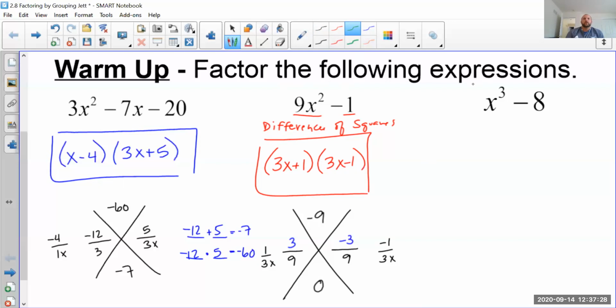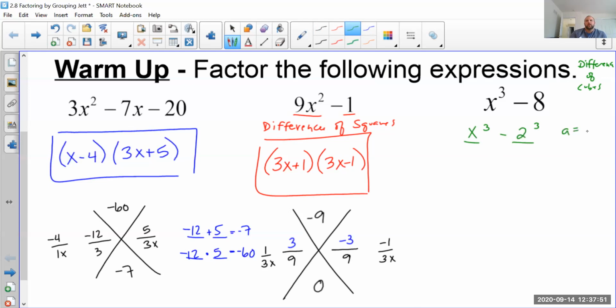Last one is our difference of cubes. Remember this is our difference of cubes, so we're subtracting two perfect cubes. We talked a lot about how this needs to be something cubed minus something cubed. So here it would be x minus 2 cubed.